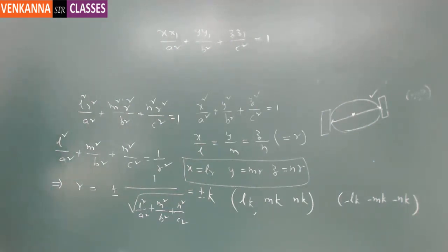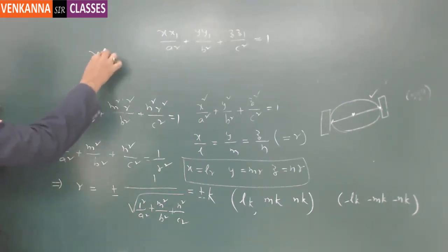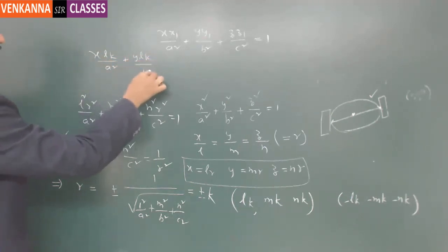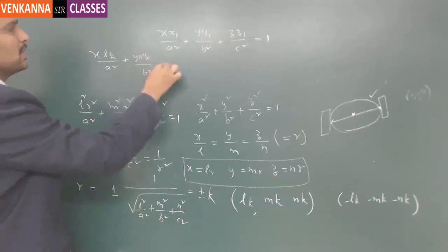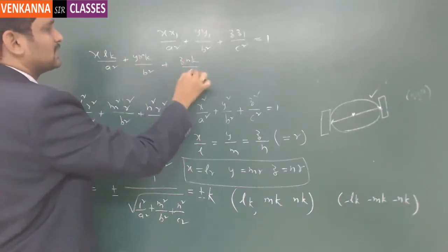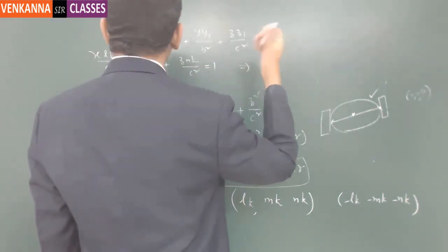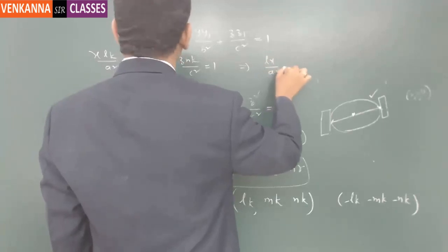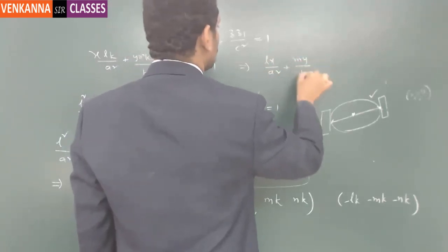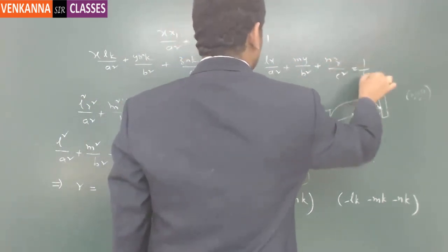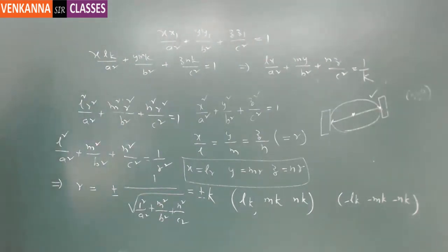So what happens here? One tangent plane is x l k by a square plus y m k by b square plus z n k by c square is equal to 1, which gives the value of the tangent plane.